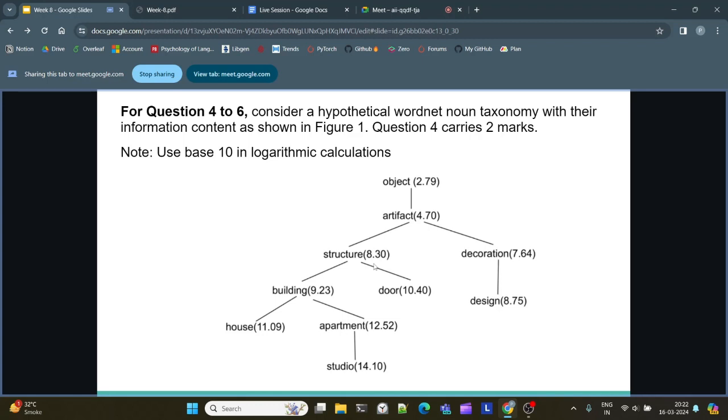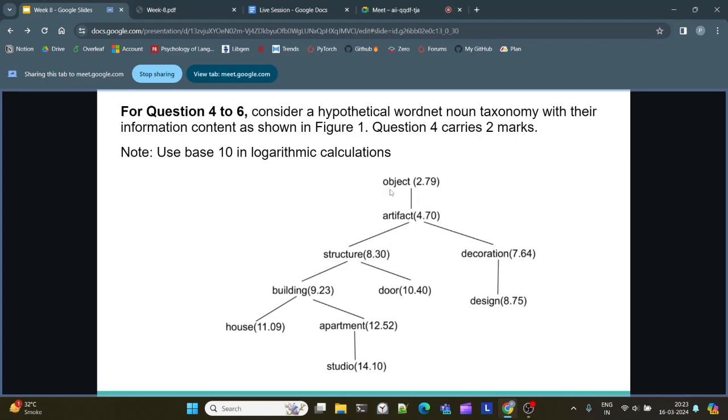If we go to building and design, then artifact. So it can also be 2.79, is it not? No, 2.79 cannot be, because that is object.